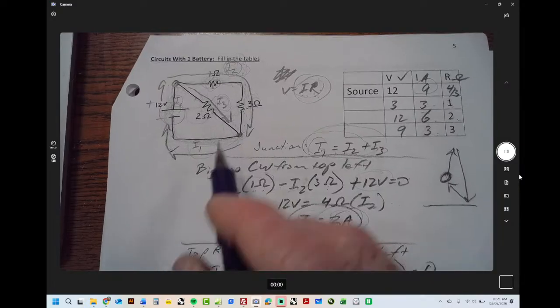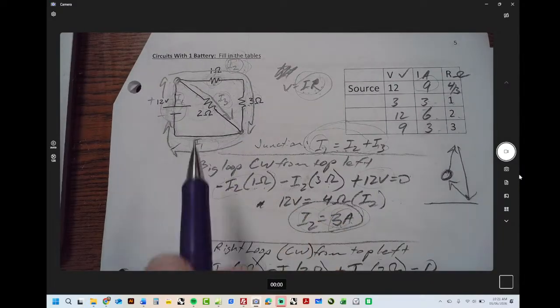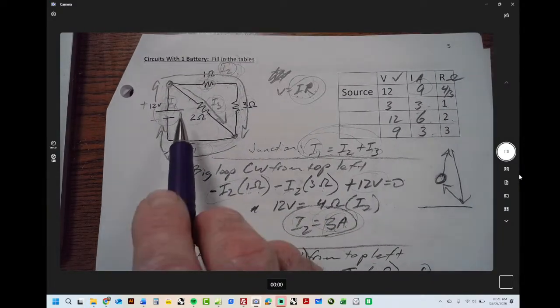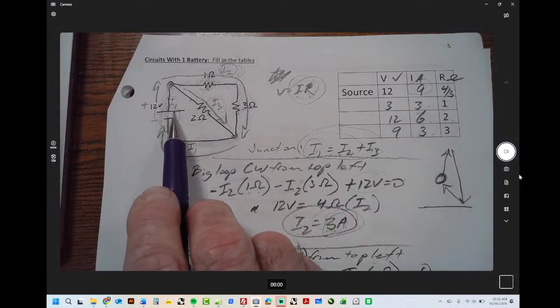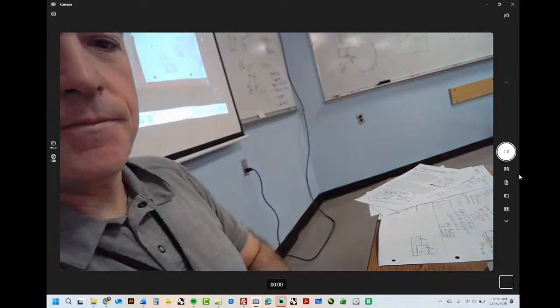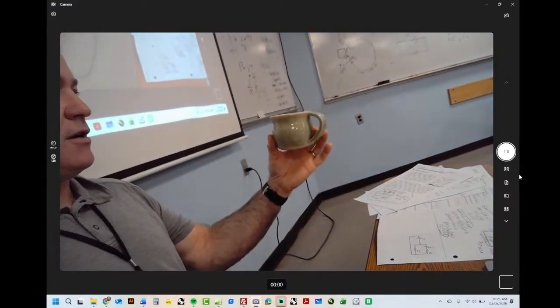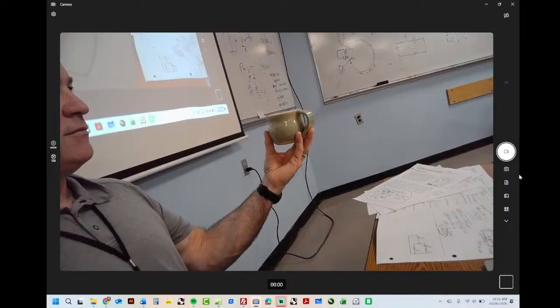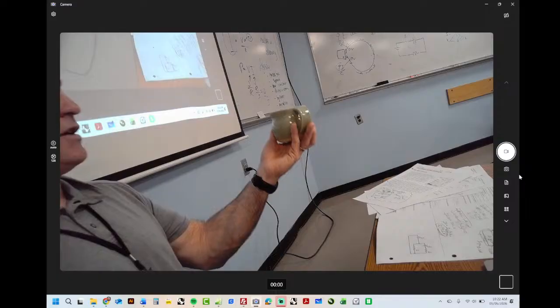So for the other kind of Kirchhoff's rule, it's called the loop rule, and it works like this. Let me just demonstrate with a coffee cup. All right, so coffee cup right here. Does that have potential energy? Yes. Yeah, if I let go, then that potential energy could turn into kinetic energy.